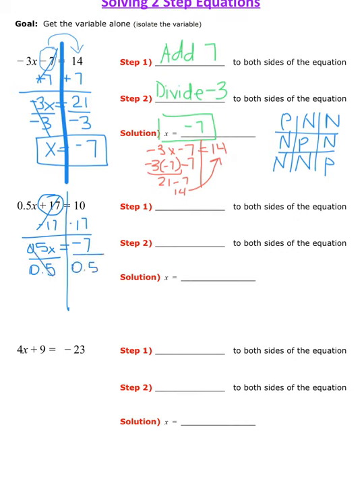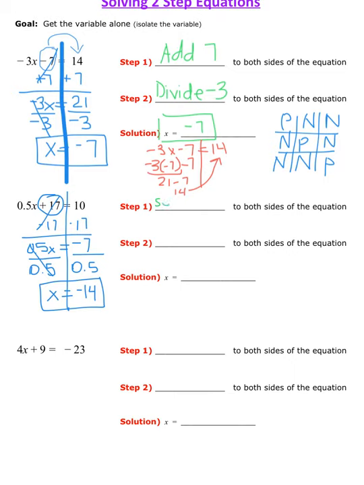Be careful you don't lose that decimal. And so when you do negative divided by a positive, you'll get a negative answer, and 7 divided by 0.5 is negative 14.